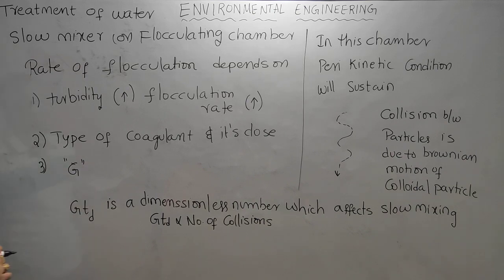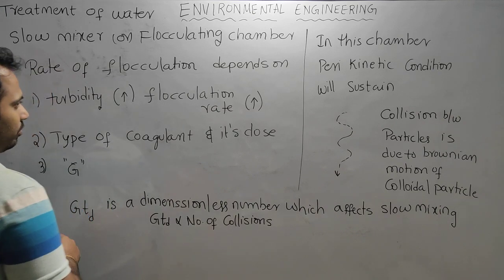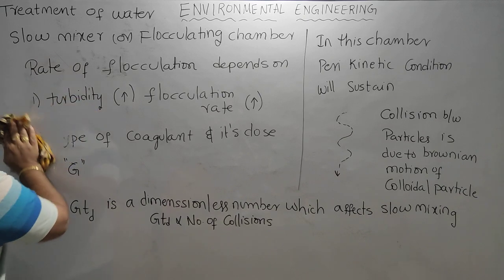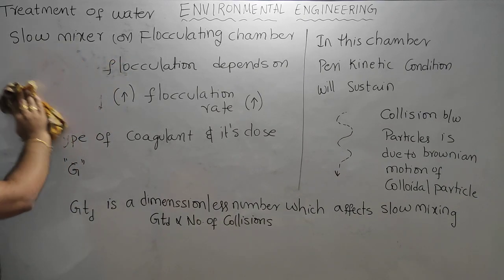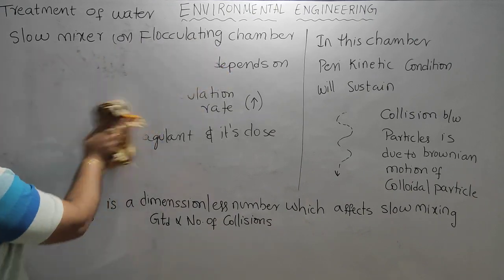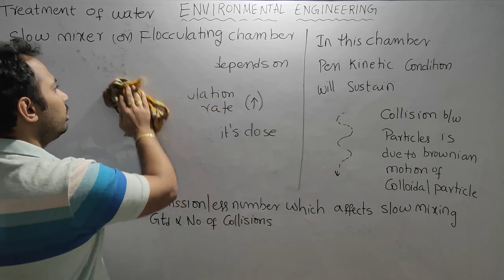If G is more and TD is less, how this is affecting the slow mixing, let us understand now in a clear manner.